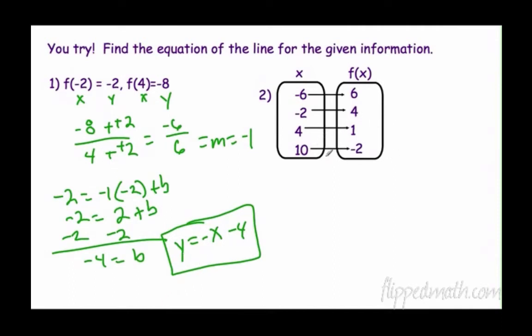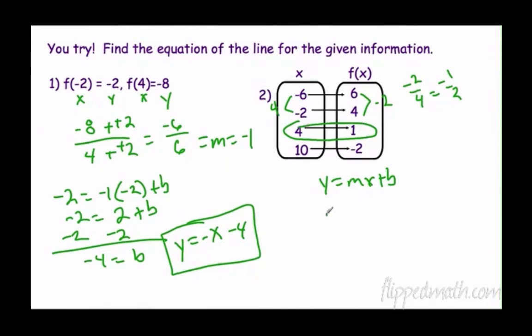Here's a mapping diagram, and we need to find the equation. All right? Let's take this. Here's a great thing. What's that go down? That goes down negative 2. This goes up 4, so my slope is negative 2/4, which is negative 1/2. Plug that into y equals mx plus b. I can use anything. I'm going to use this one. See, it's not always the first one that's nicest.